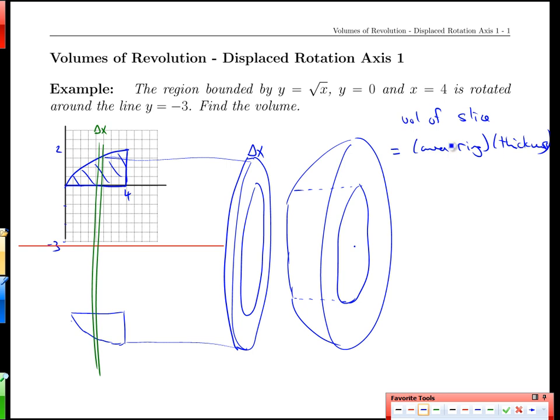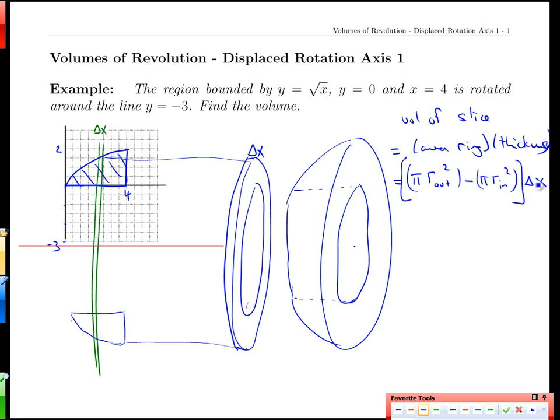The area of the ring will be pi r outer squared, that's the area of the outer region, the whole thing. And then we're going to subtract the area of the inner circle, pi times the inner radius squared. All of that times the thickness, and that thickness is simply delta x.